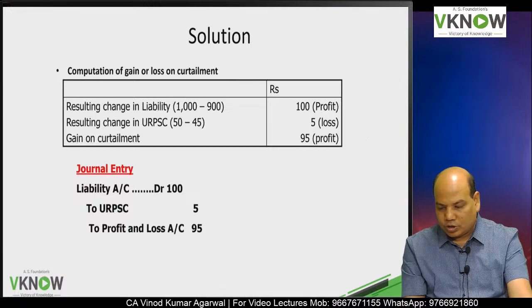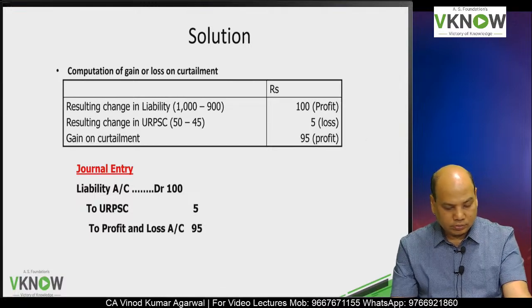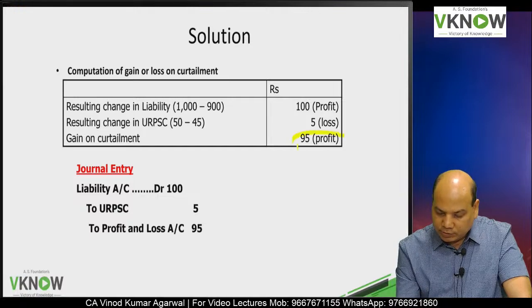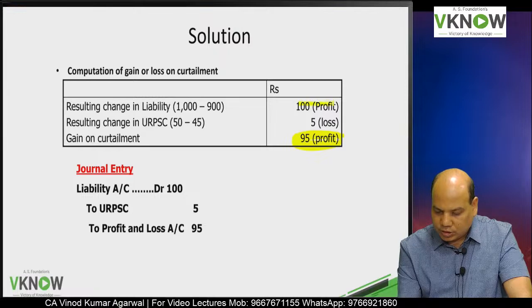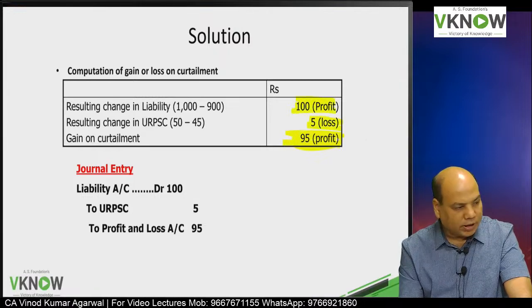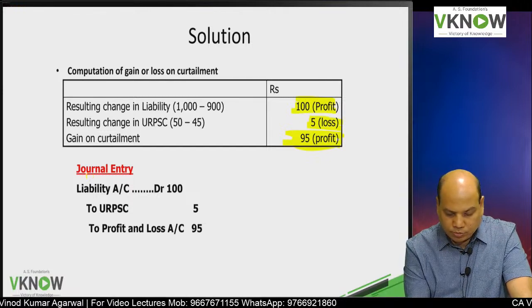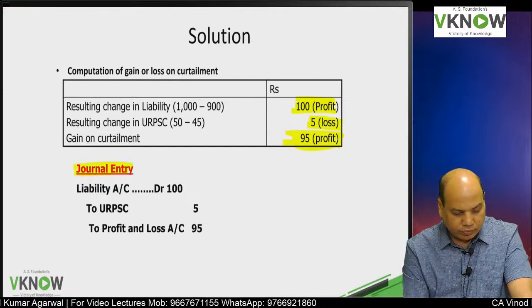Five. So gain on curtailment will be 95. Profit, you can see 100 profit, 5 loss, net profit 95. And suppose you have to pass journal entry.